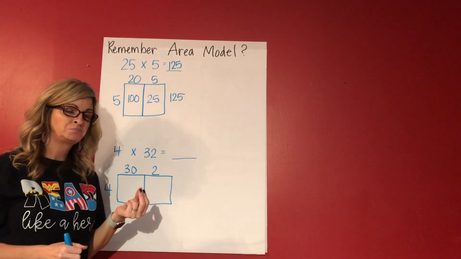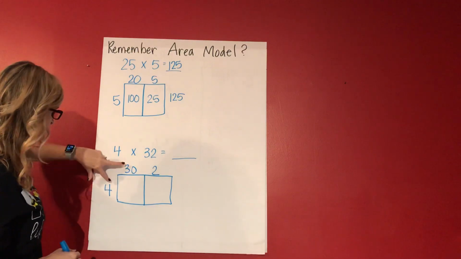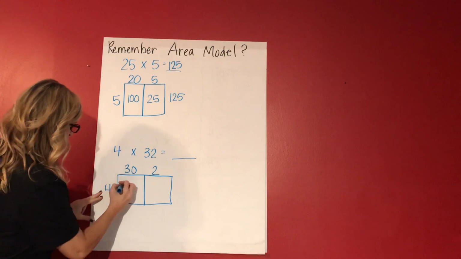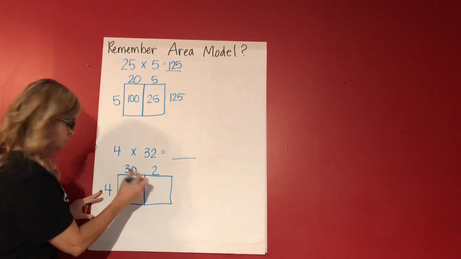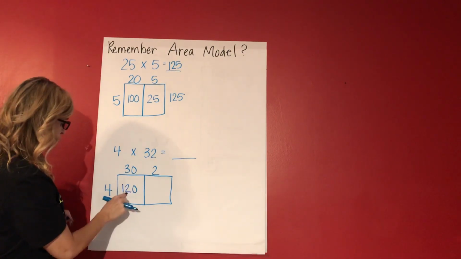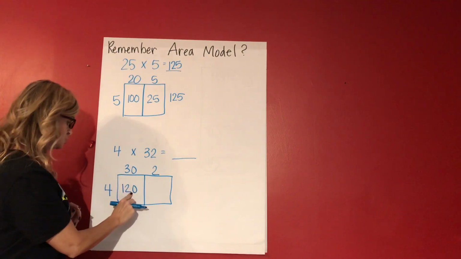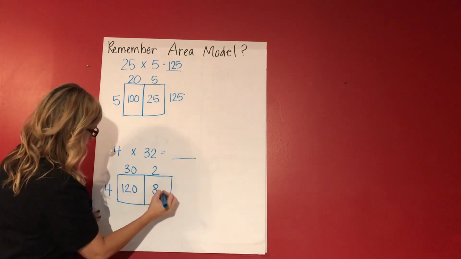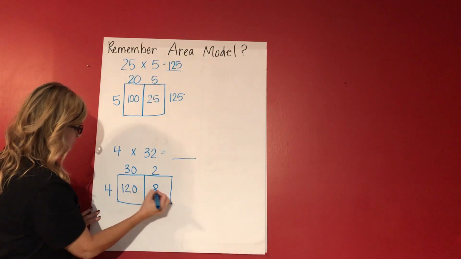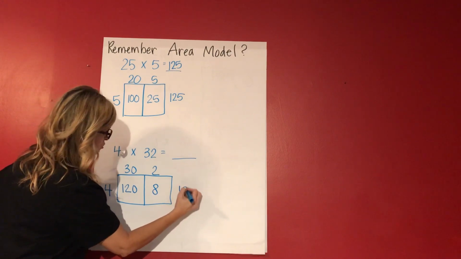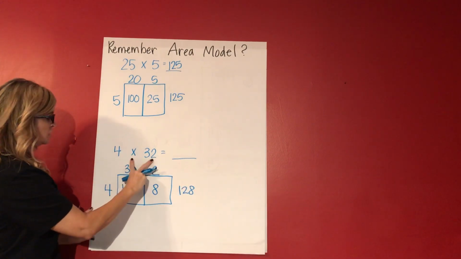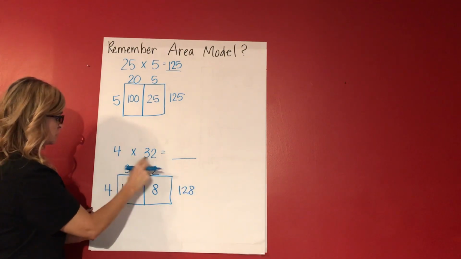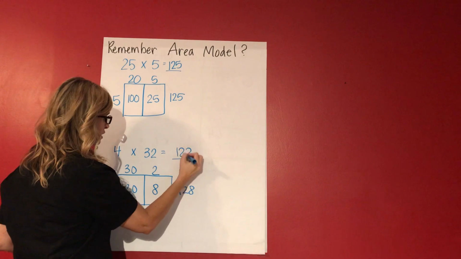We know that 4 times 3 is 12, and then we add our 0 here. So if 4 times 3 is 12, then 4 times 30 is 120. Then 2 times 4 is 8. We add 120 and 8 together, and we get 128. So our product for 4 times 32 is 128.